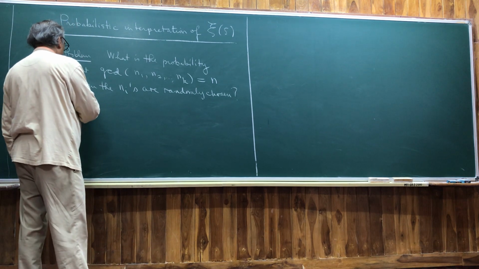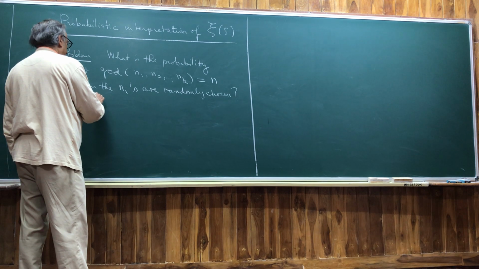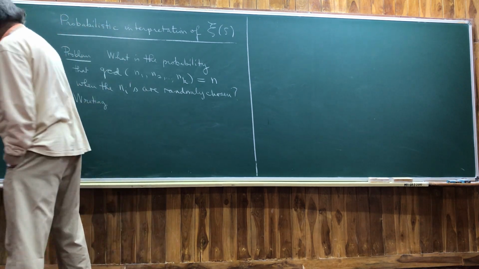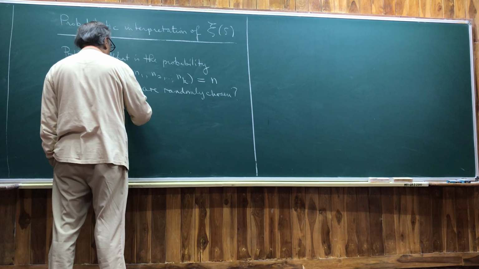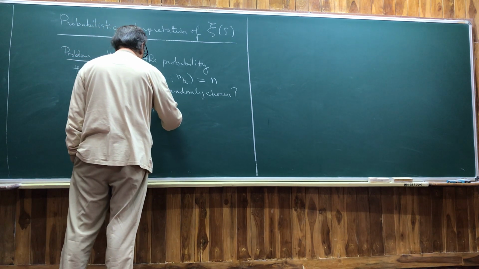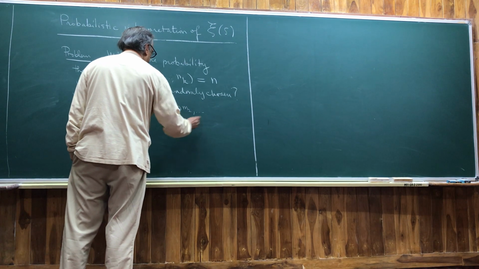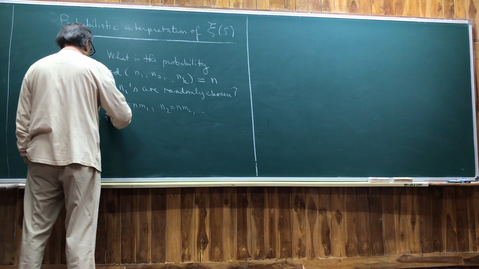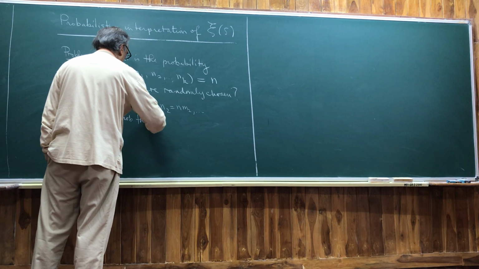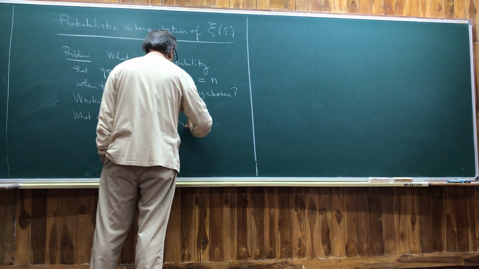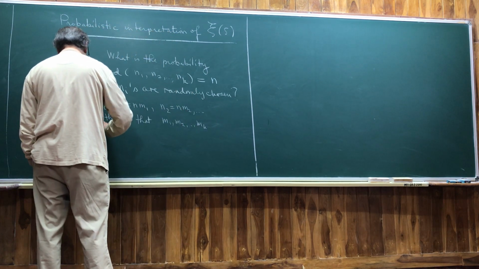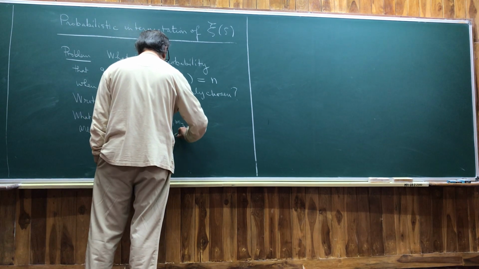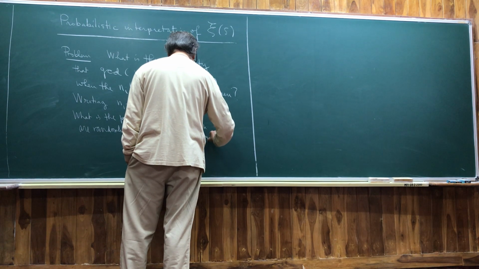So clearly, the problem can be reduced to the statement that, writing n1 equals n times m1, n2 equals n times m2, etc., it reduces to the problem of what is the probability that M1, M2, up to MK are randomly chosen and the GCD of M1 through MK is 1.